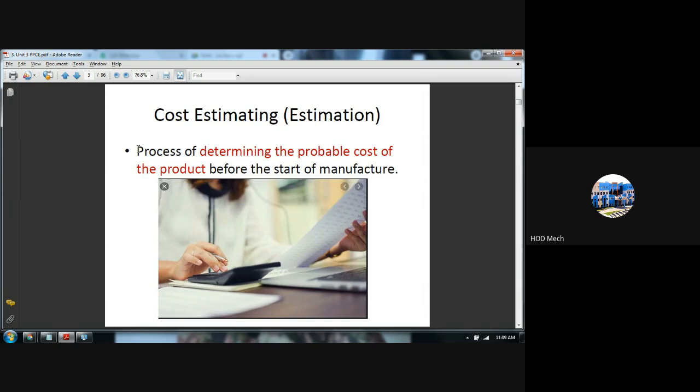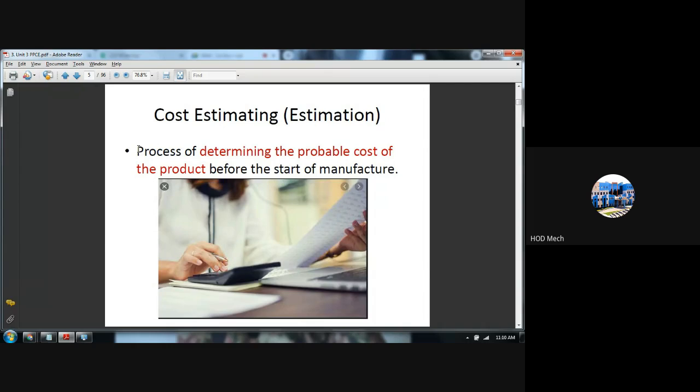Now when your estimation is perfect, always remember that the total manufacturing cost will be plus or minus 10 to 15% higher than what you estimate. It will not be equal to your estimation, and there is no chance of it going lower. It will go much higher because of fluctuation in the cost of certain materials.